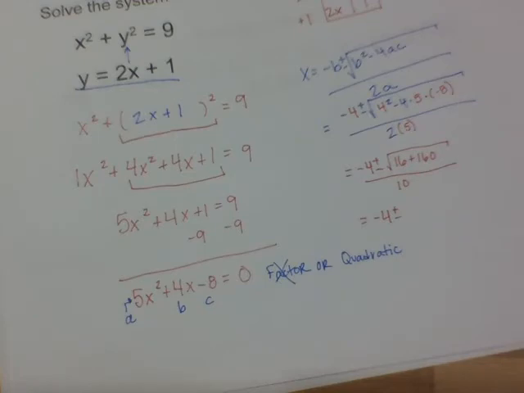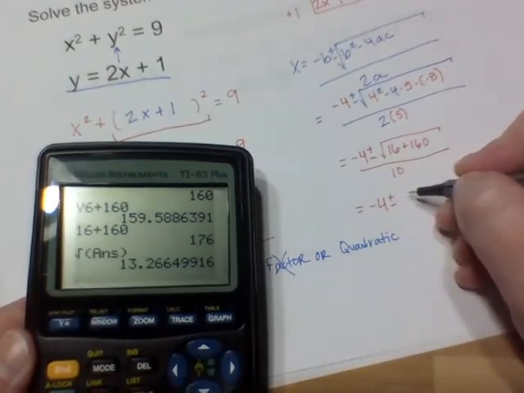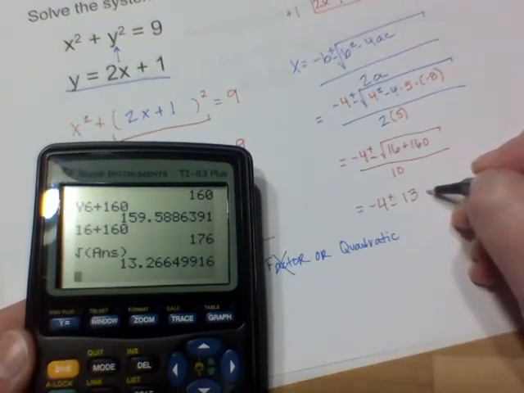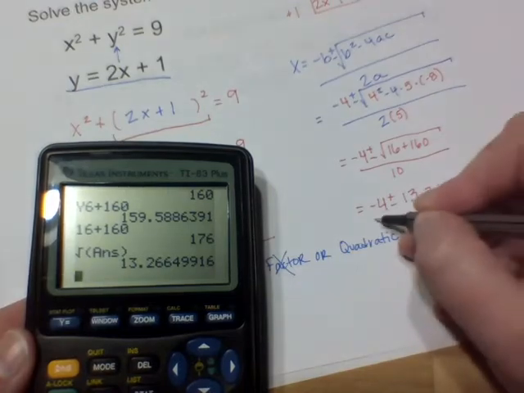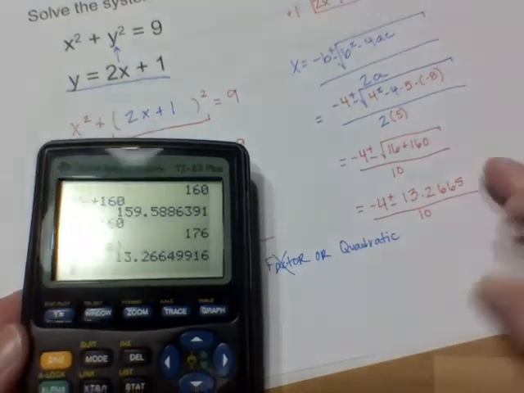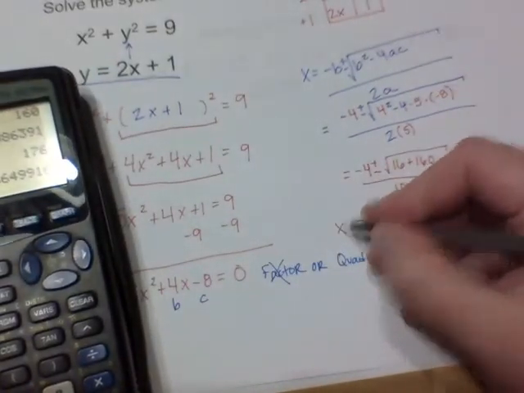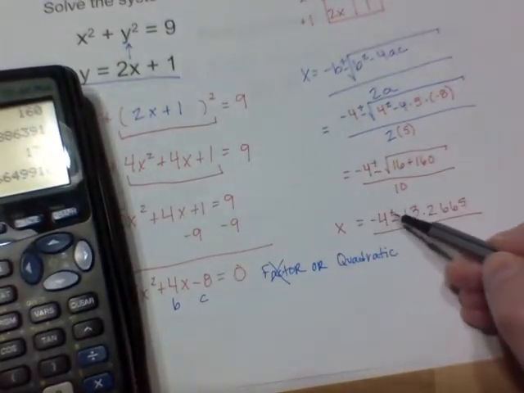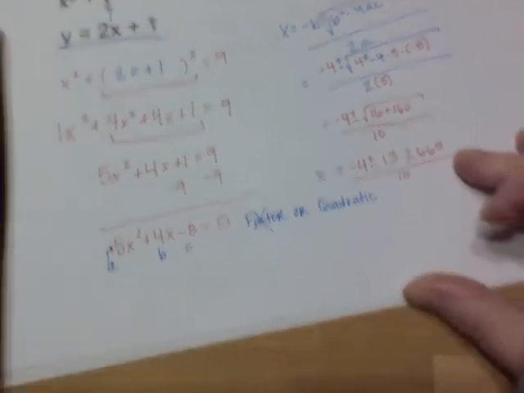And that is an icky decimal. So it's a good thing we didn't try to graph them because I'm not sure that I know where 0.2665 is on a graph. All right, so that means that our two x values are going to be negative 4 plus 13 divided by 10, and then negative 4 minus this 13 over 10.